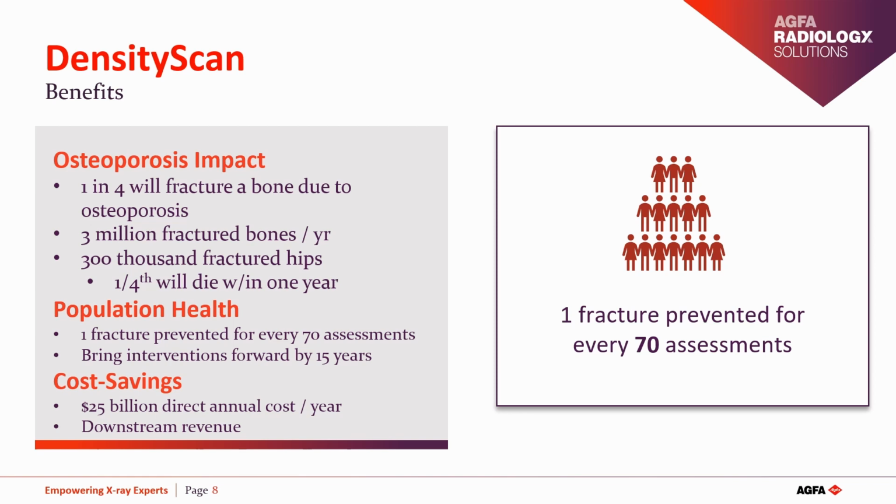With density scan, it's estimated that 1 fracture will be prevented for every 70 assessments, bringing clinical interventions forward by up to 15 years and giving the aging population many more decades of happy, healthy, and active life. Density scan also has the potential for significant cost savings to our healthcare system.